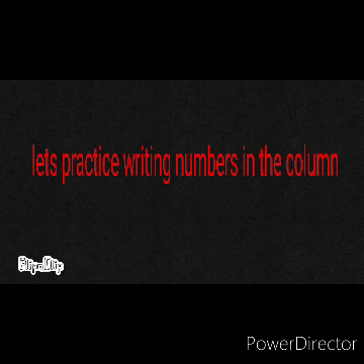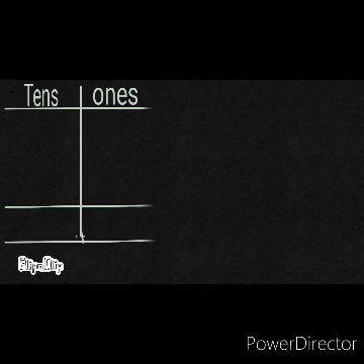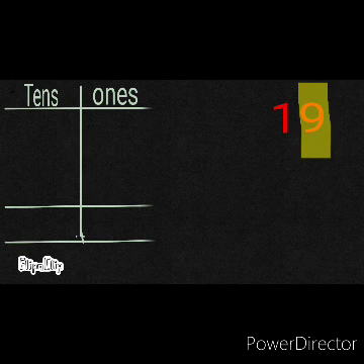Let's practice writing numbers in the column. This is how our two-digit column should look, tens and ones. The number we're using is 19. 9 is in the ones column, so we put it under the ones. The number 1 is in the tens column, so we put it under the tens.